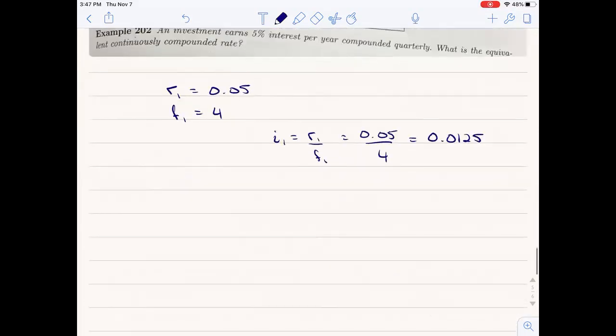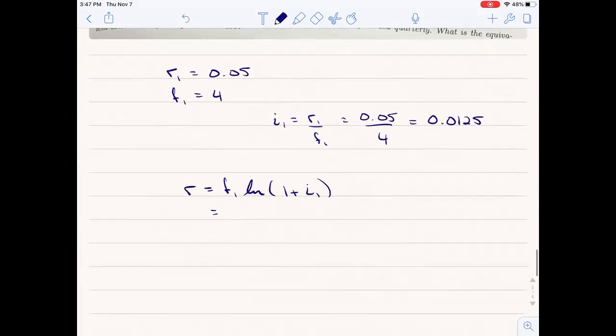So we've got R is F1 times the natural log of 1 plus I1. So R is going to be F1, which is 4, times the natural log of 1 plus 0.0125, which I'll simplify here, 4 times the log of 1.0125.